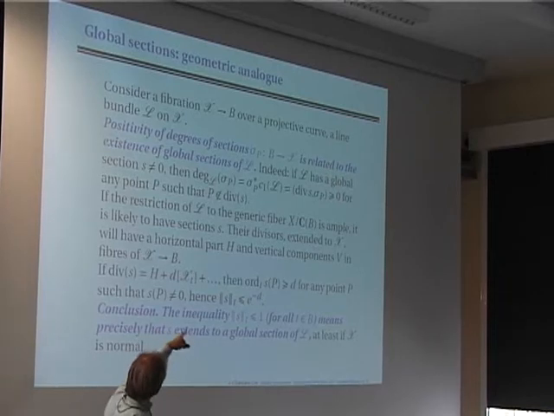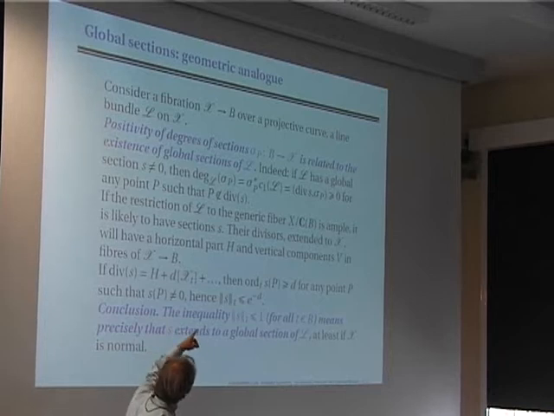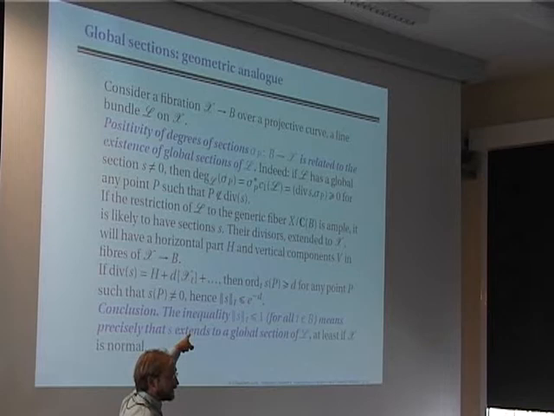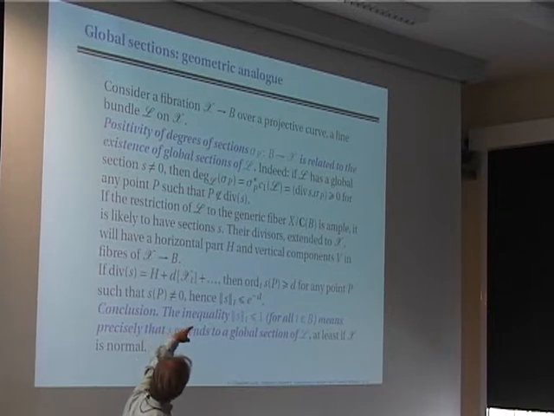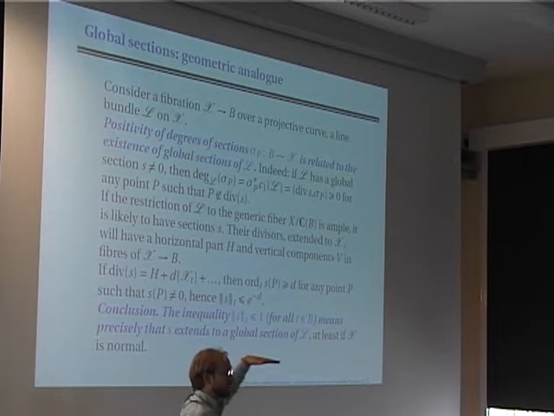Of course, if I have a global section s which does not vanish identically, and which does not vanish at the point P, then to compute the degree of sigma P with respect to L, I can use the divisor of this section.